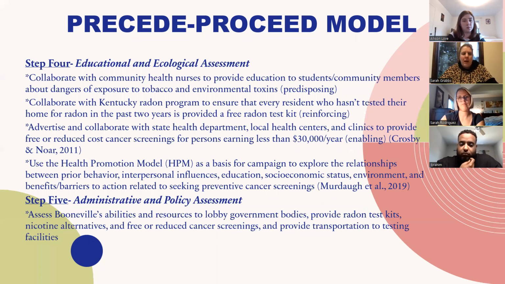I'm not going to read through everything, but I wanted to point out a couple important ones that we identified, such as advertising and collaborating with the state health department, local health centers, and clinics to provide free or reduced cost cancer screenings for persons earning less than $30,000 a year. That's an example of an enabling factor.